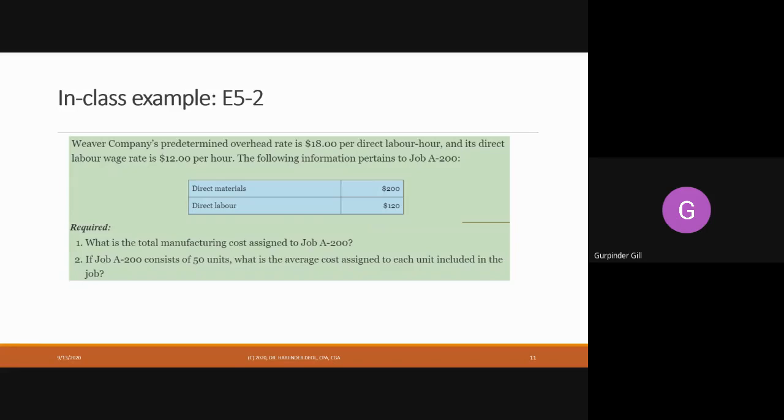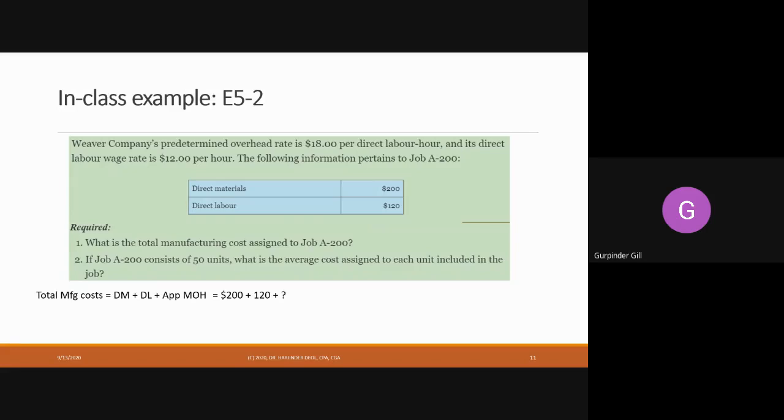Now, your total manufacturing cost, if we recall from our earlier learning, is direct material, direct labor, plus applied manufacturing overhead. You can also think of your cost of goods manufactured when you're thinking of this concept. That's where your total manufacturing cost is coming from: cost of direct material, cost of direct labor, and applied manufacturing overhead.